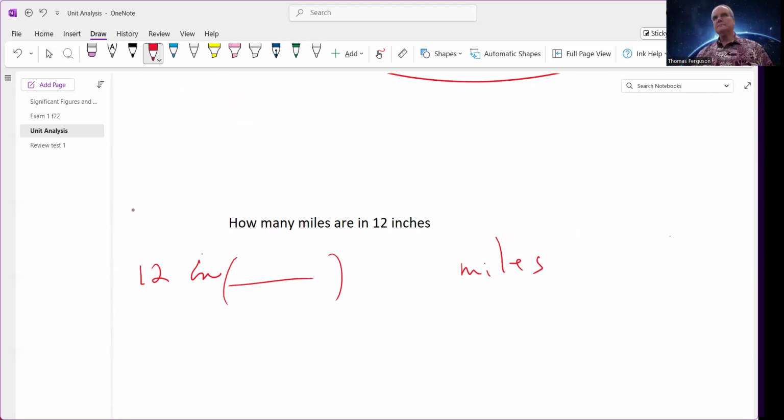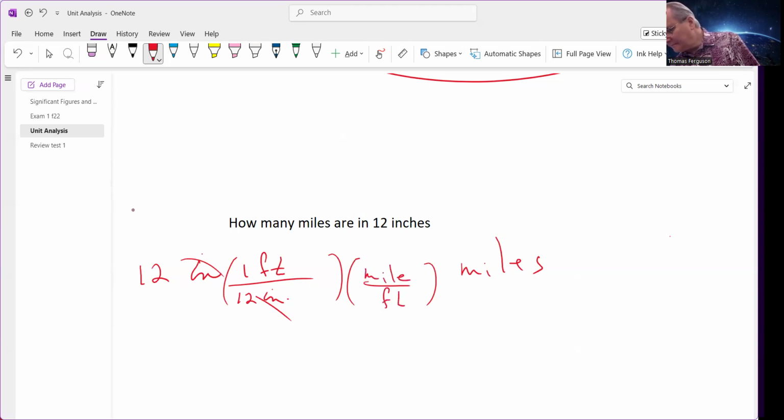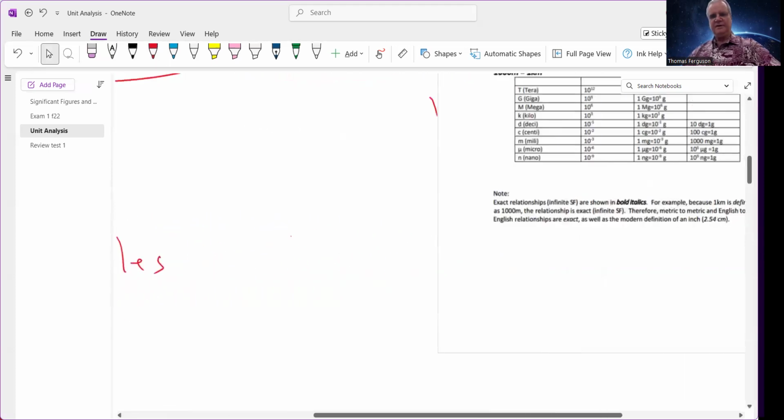Inches, I've got to cancel because it's a given. And now, once the inches cancel, we have feet. Now we need to go from feet to miles. Go back over here to our table.